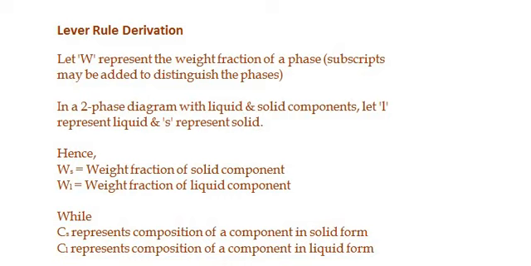If nickel is our component of interest, then WS multiplied by CS represents the weight fraction of our nickel in the solid form. But for us to understand this more, let us start the derivation in earnest.